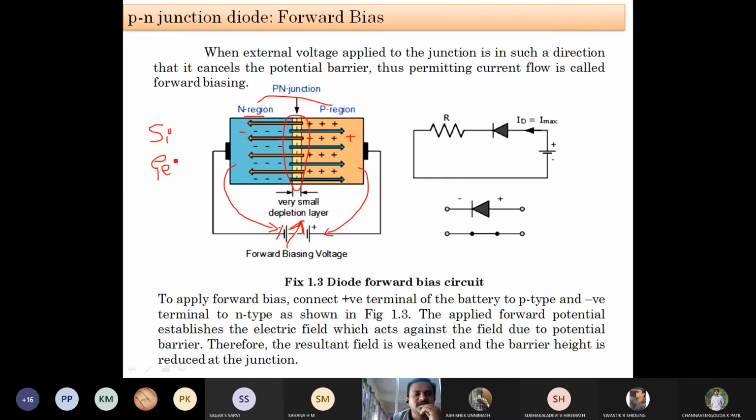Silicon. It is silicon, isn't it? That's why Bangalore is called Silicon Valley, Silicon City, because it is the most used semiconductor material. Compared to these two, we are going to get the best performance when we use silicon semiconductor material.